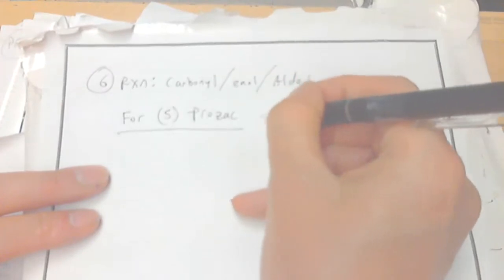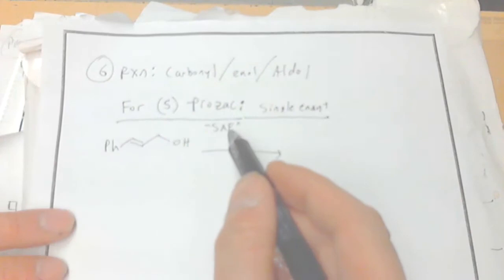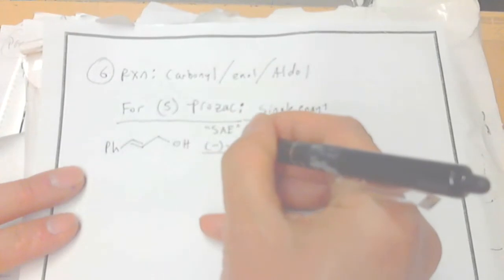All right. So to make the single enantiomer of Prozac, they start with this chemical. This is an alkene and it's got an alcohol. Let me show you the fancy reaction, the Nobel Prize winning reaction. This is the SAE reaction: Sharpless asymmetric epoxidation. They use a chemical called minus DIPT.